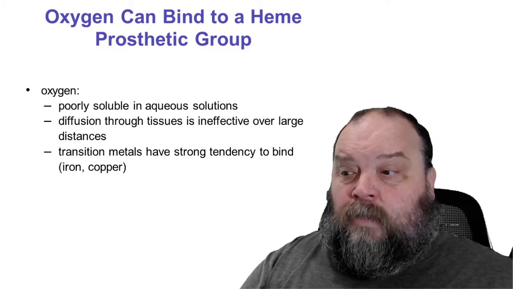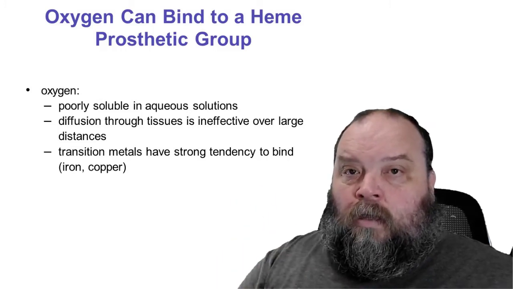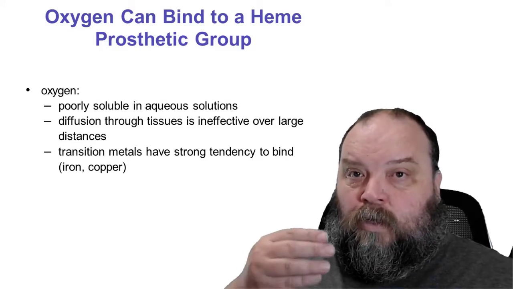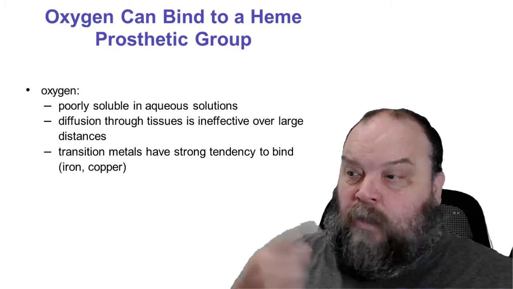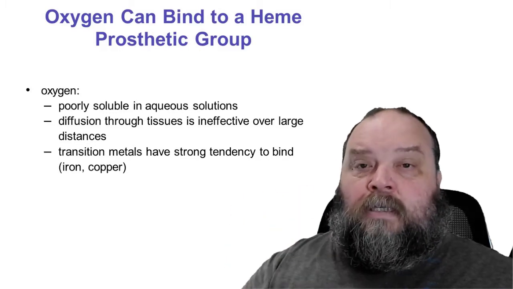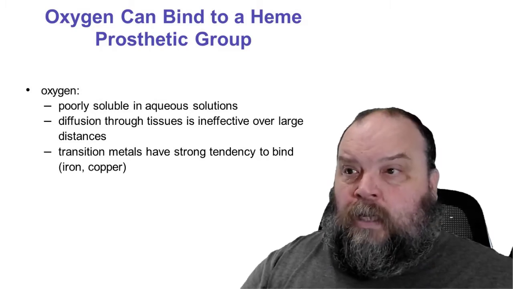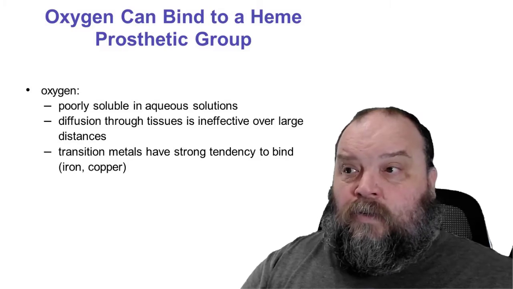Because it turns out that, as we see here, it's very difficult for oxygen to diffuse through the tissues because it's busy interacting with all the proteins and lipids and things like that that have all those hydrogens on them. What's holding a lot of those proteins and lipids together in stable structures is hydrogen bonds.